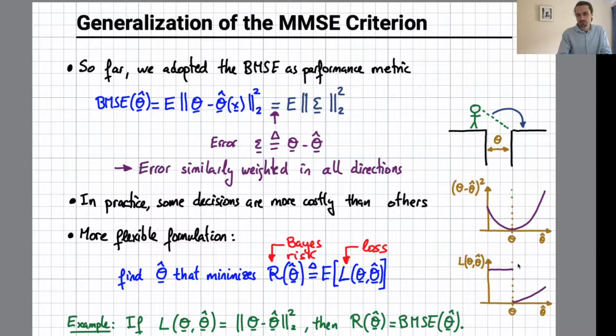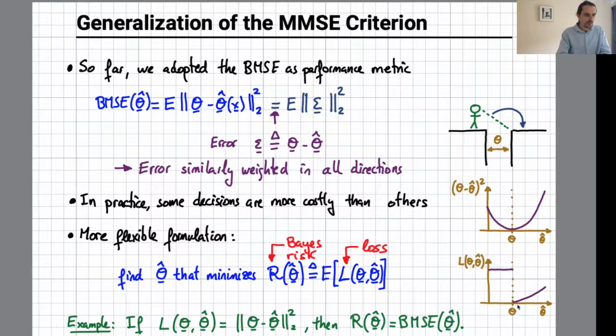We can think of a more natural loss. For example, we could set the loss to be a very large number when theta hat is less than theta. It's natural to set the loss to be 0 if theta hat equals theta, perhaps we don't have extra cost.